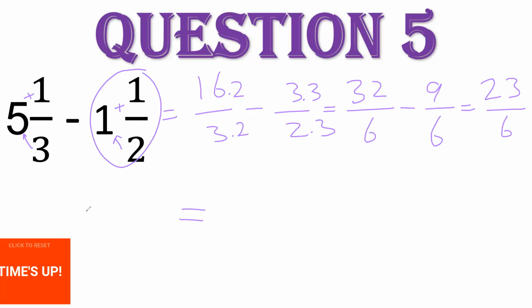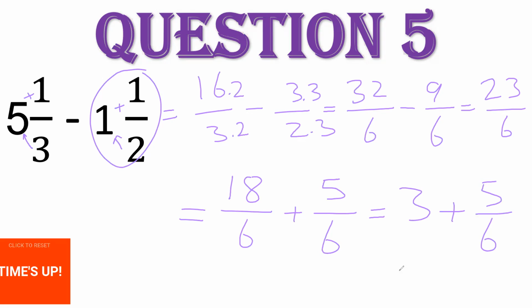How many 6s do we have in 23? 3 times, right? So we can separate like this: 18 over 6 plus what's left, 5 over 6. 18 over 6 is equal to 3. 3 plus 5 over 6, so we can write 3, 5 over 6.